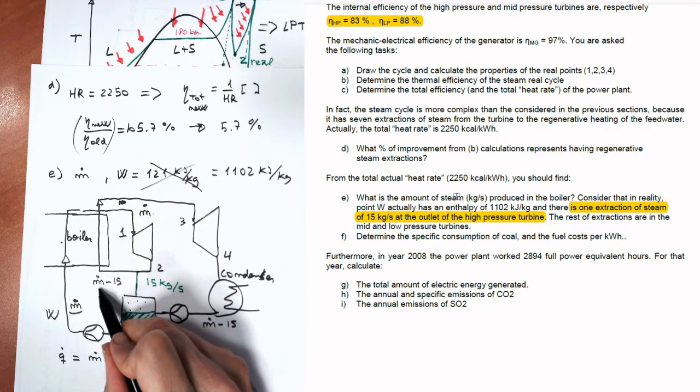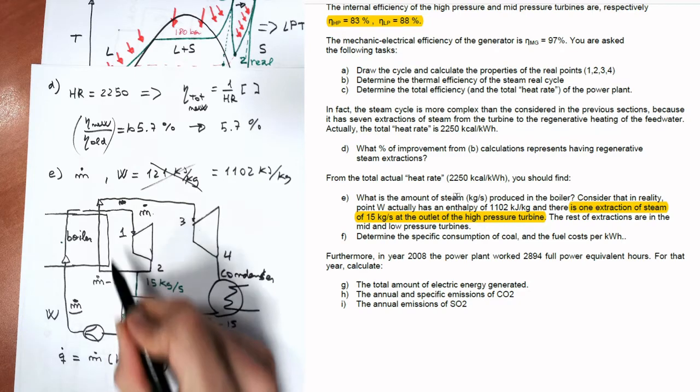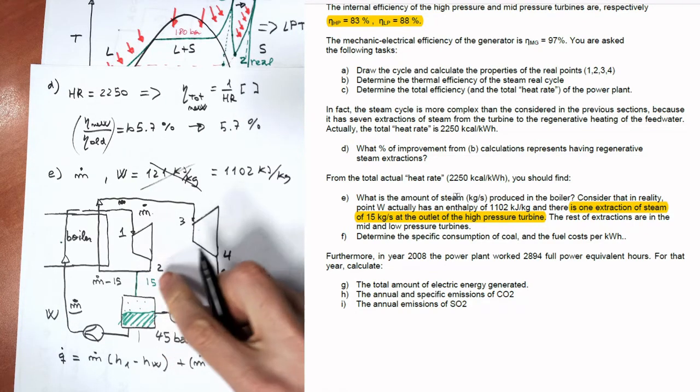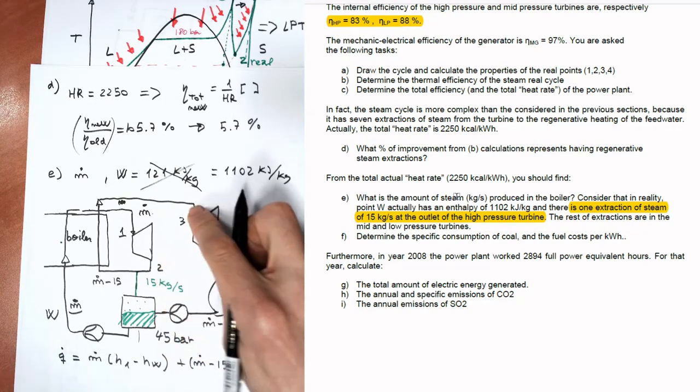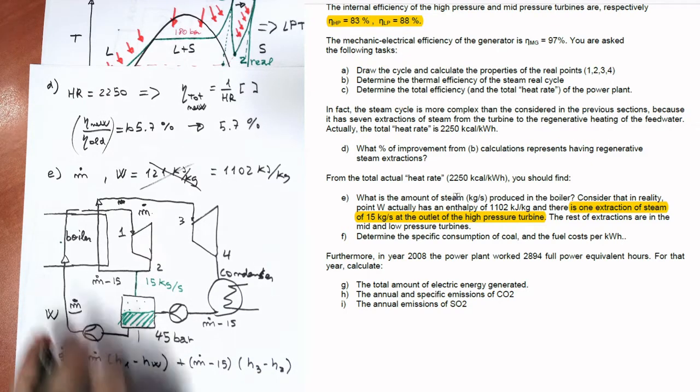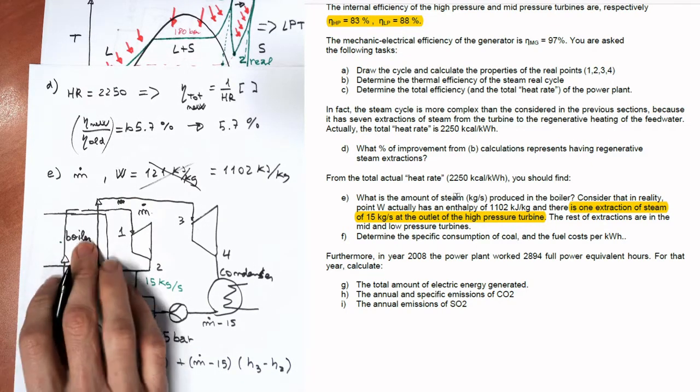It's not m anymore, it is m minus 15. M minus 15 multiplied now by the points number 2 to 3. Now that's the heat provided to the steam at the boiler.